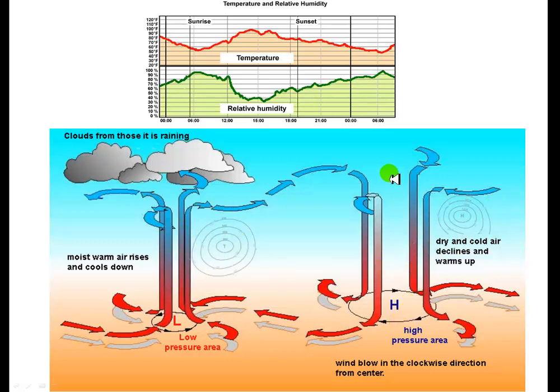The H's are when cool air comes down and hits the surface, and usually that's higher than 1013 or 29.92, usually with a blue H, red L, blue H, again with concentric circles of like air pressure.